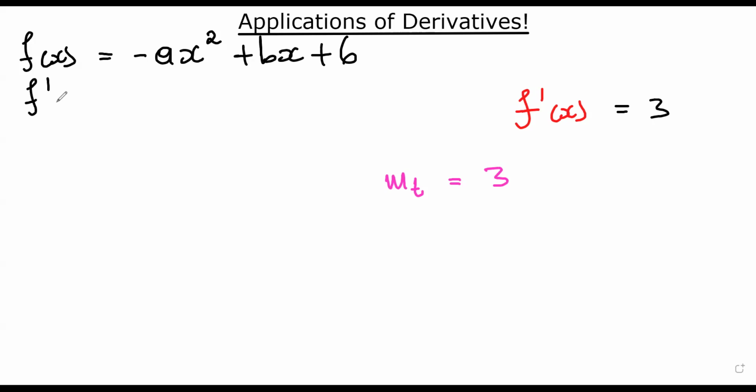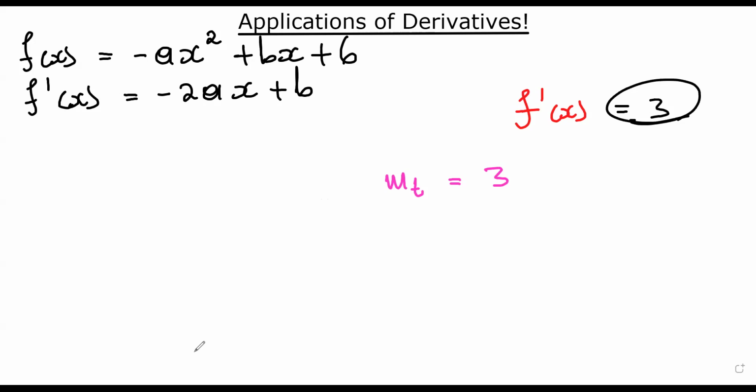So the first thing we need to do is to differentiate the function. This is what we get after differentiating. And then we equate the derivative to 3, so we say f'(x) is equal to 3.